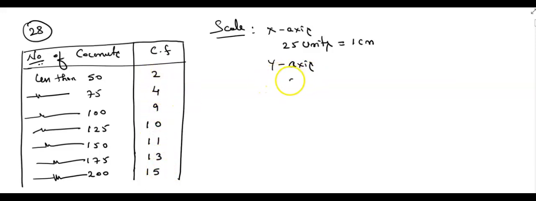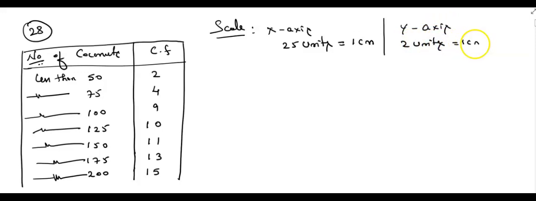Shall we take 2 units is equals to 1 centimeter? Got it? I have taken the scale. X-axis 25 units equals 1 centimeter. Y-axis 2 units is equals to 1 centimeter. Now what should you do? Very simple. Now draw an x-axis.